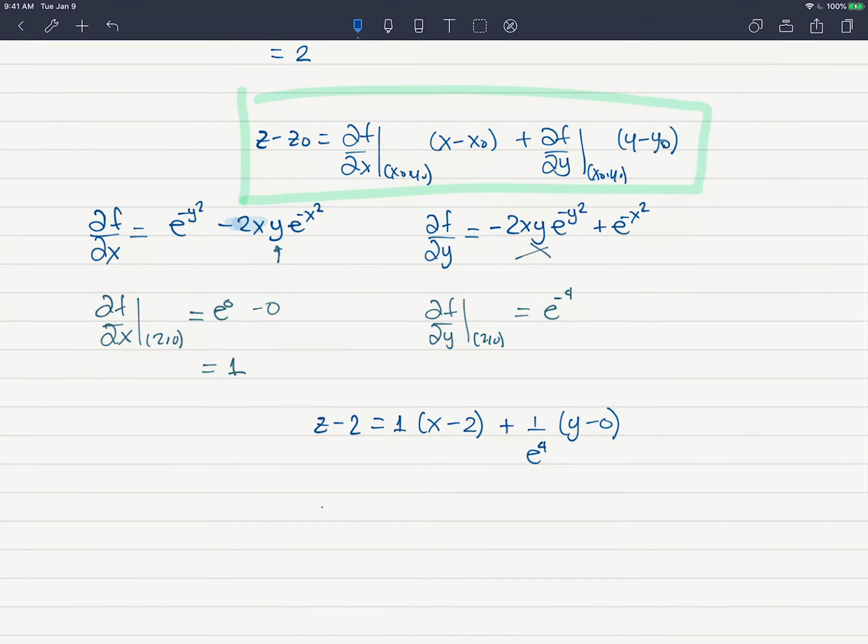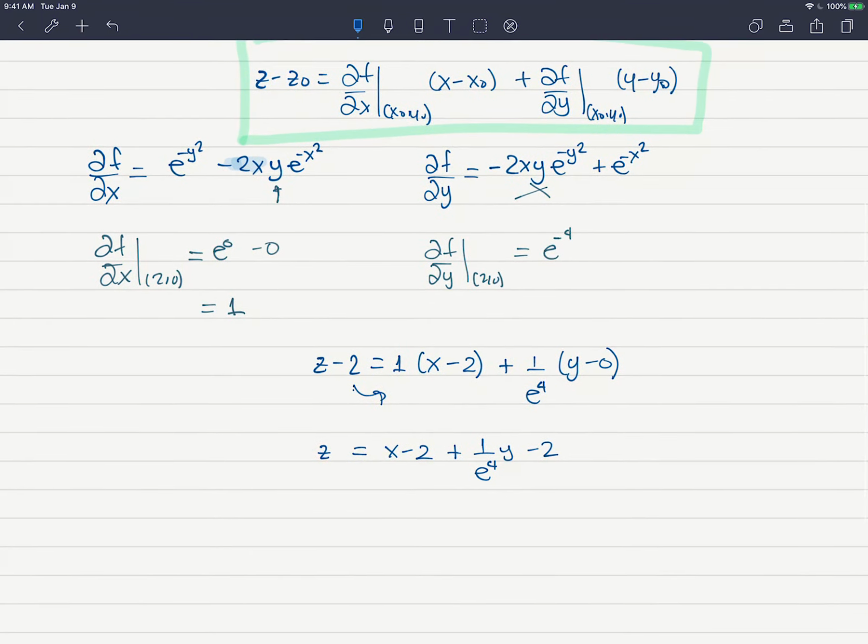Let's work this out. So I really have z equals x minus 2 plus 1 over e to the 4 y. And this 2, I'm going to move to the other side. So I have another 2, and it cancels, right? Adding a 2 cancels this term.